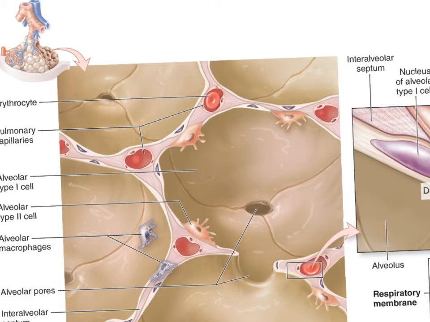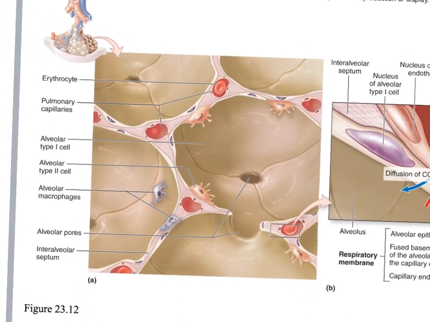What do we know about red blood cells in capillaries? How wide are capillaries? They're one red blood cell thick. We talked about how these red blood cells stack up in capillaries. That's what's happening here, in order for the blood to slow down and become oxygenated, or for gas exchange to occur.